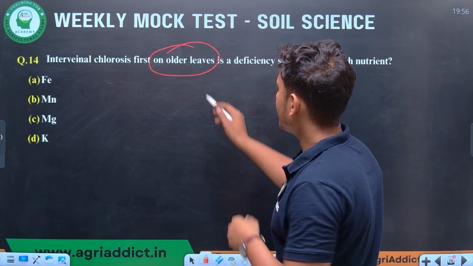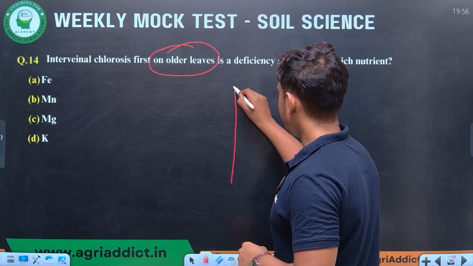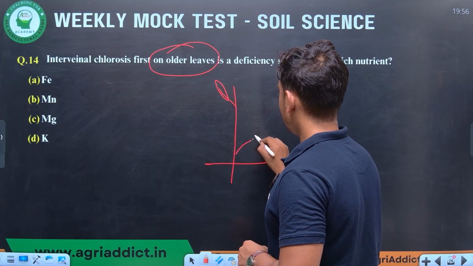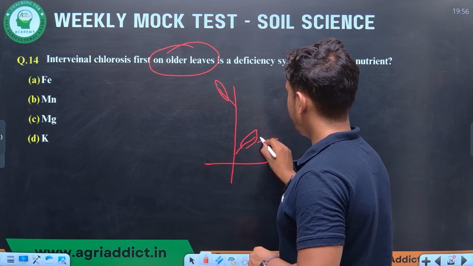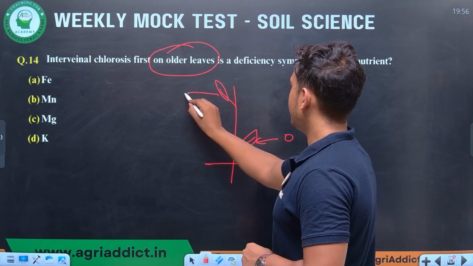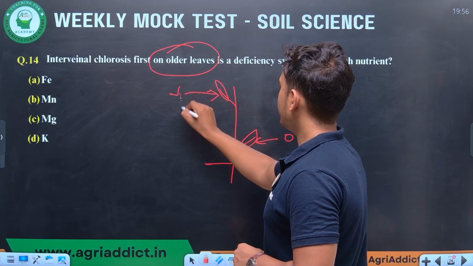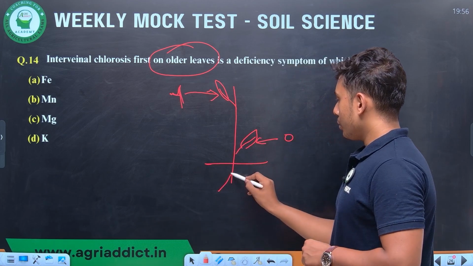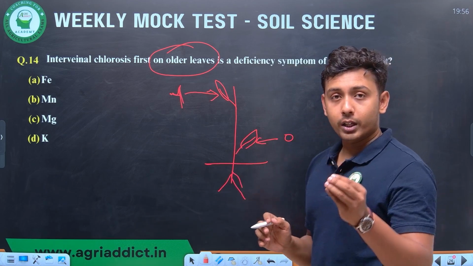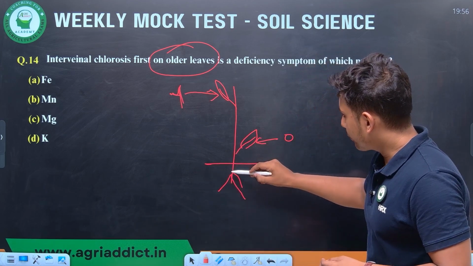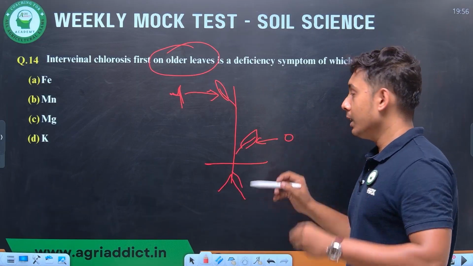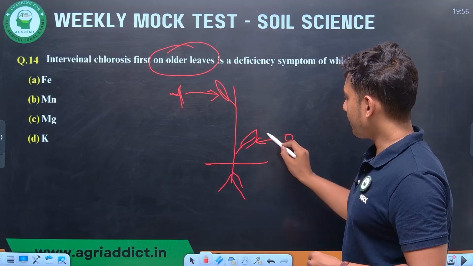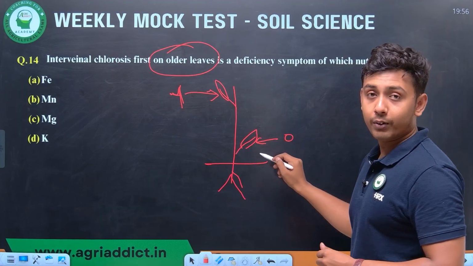So whenever the question comes about older leaves, in a plant, this is the older leaf and this is the younger leaf. When the root takes up nutrients, if the nutrient is mobile it moves first to the younger leaves, and then the older leaf gets starvation.